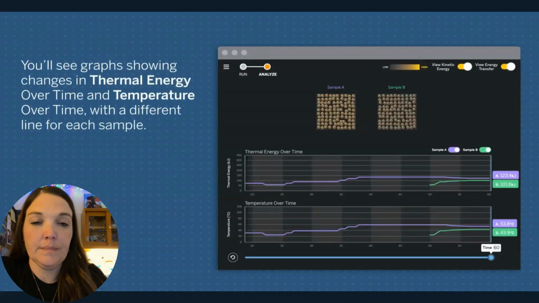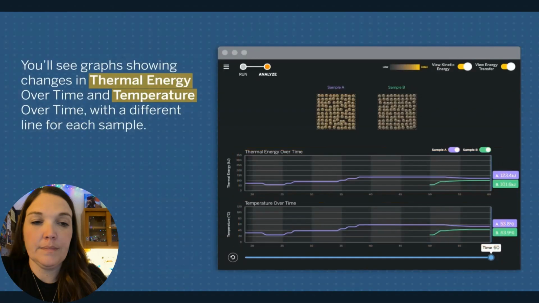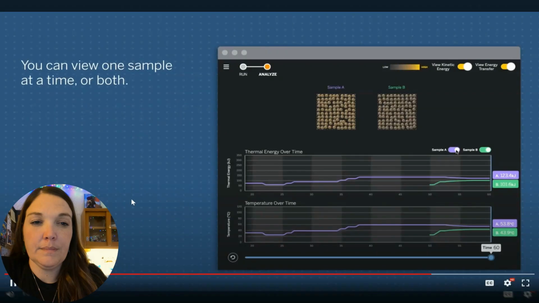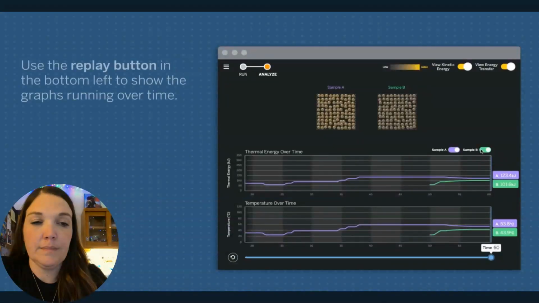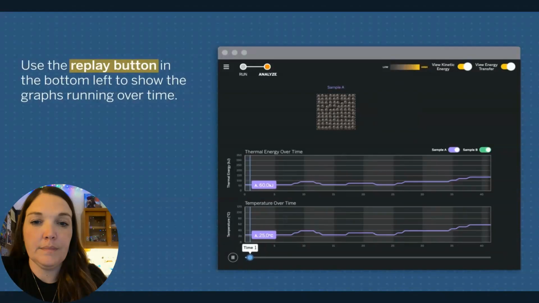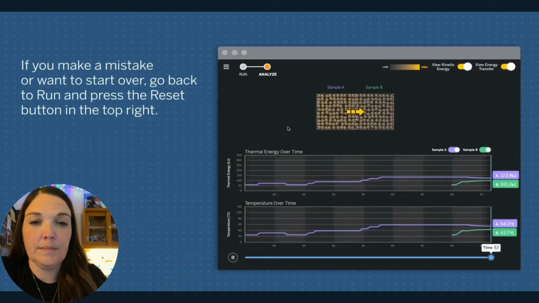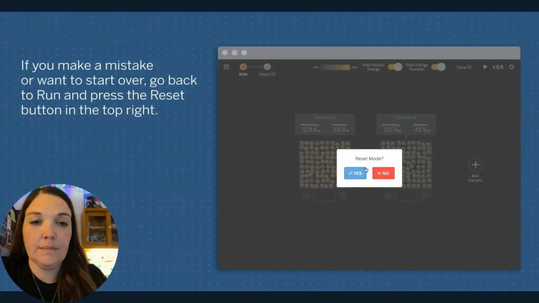You'll see graphs showing changes in thermal energy over time and temperature over time, with a different line for each sample. You can view one sample at a time, or both. Use the Replay button in the bottom left to show the graphs running over time. If you make a mistake or want to start over, go back to Run and press the Reset button in the top right.